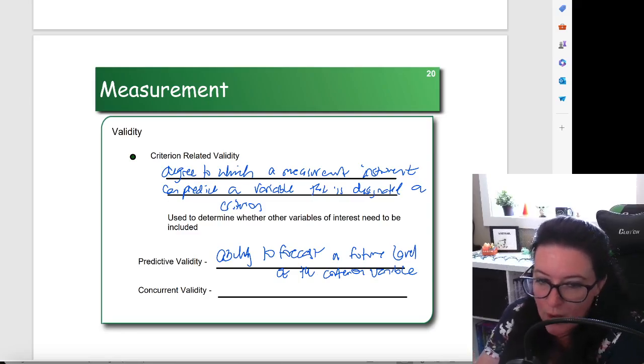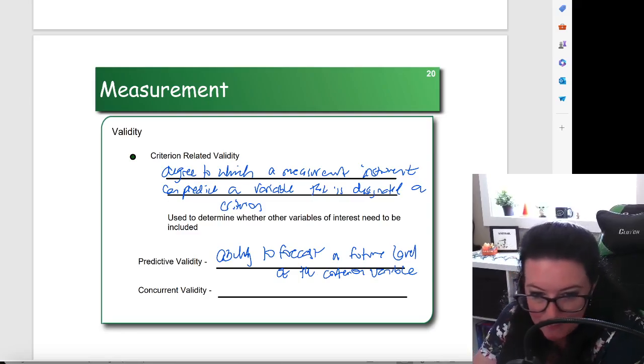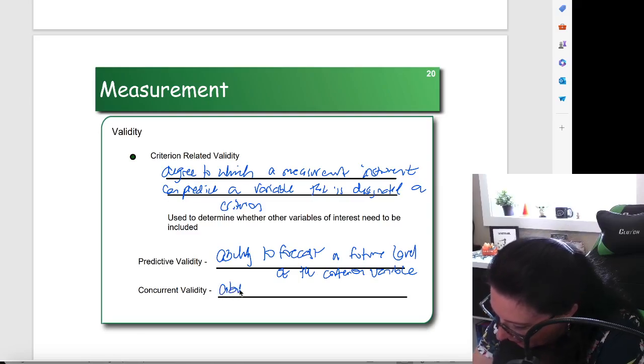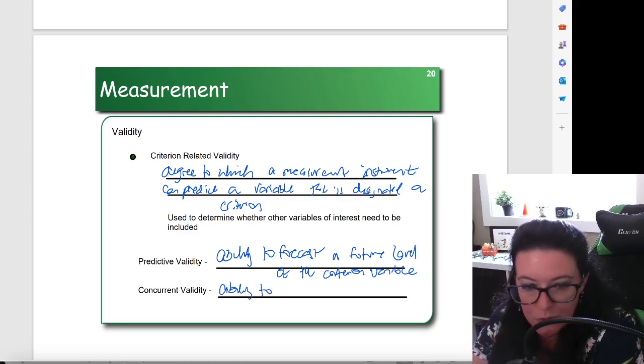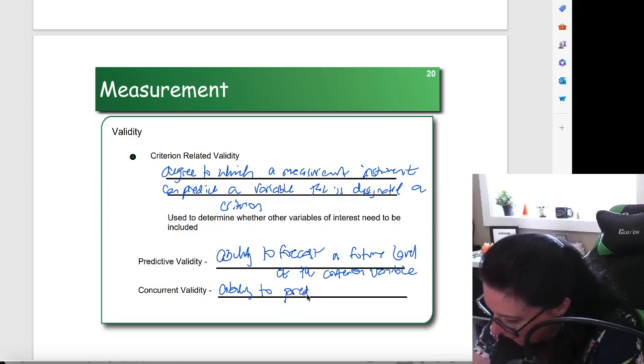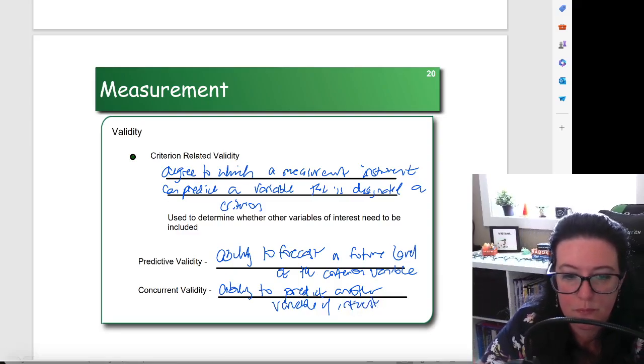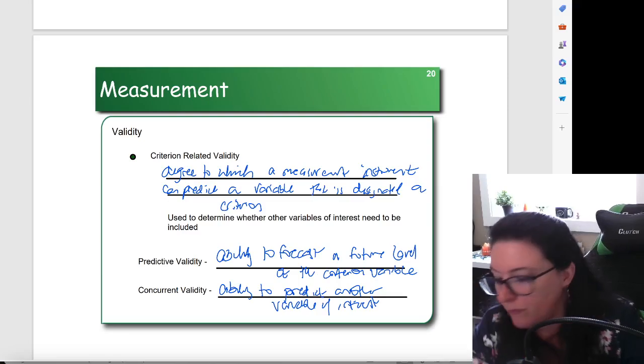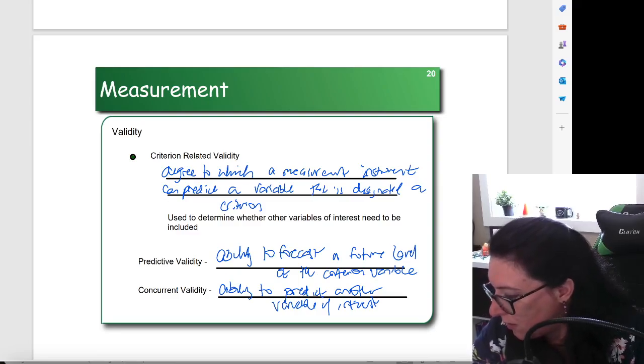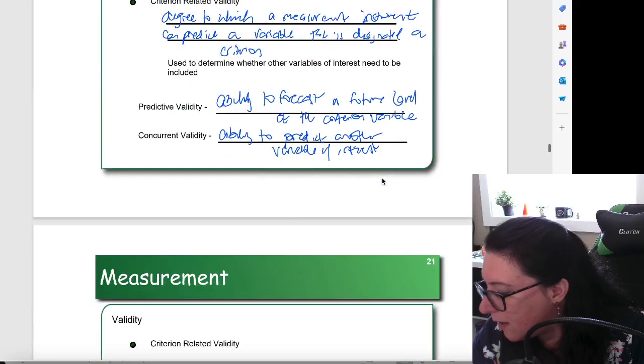Whereas concurrent validity is the ability to predict another variable of interest. All right, what does all this mean? Okay, let's give an example.